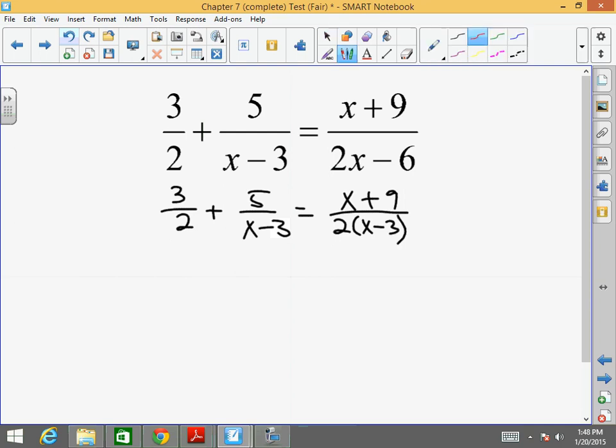I've got to multiply 2 times x minus 3 to every single numerator. Good man. To every single numerator. Because when I'm solving equations, I want to eliminate the denominator. When I'm adding or subtracting them, I want to combine the denominators to a like denominator and add the numerators. When I have an equation, I need to eliminate the denominators.